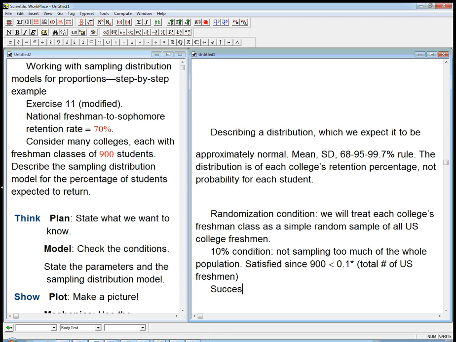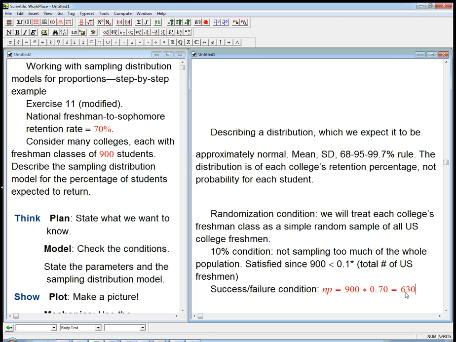Okay, and then the success-failure condition. This really is a big deal, and it is easy to mess up. It says your sample size needs to be big enough, so np and nq have to be big enough. Here n is 900, and if it's perfectly representative of the national pool, out of 900 students we should have 70%, or 630 people, succeeding in moving on to sophomore year.